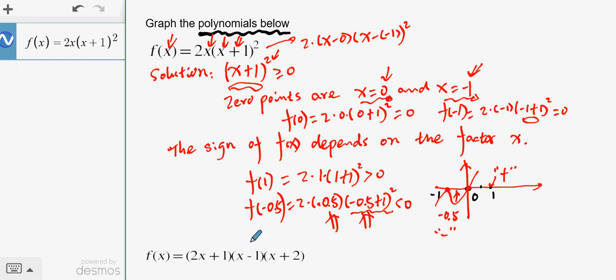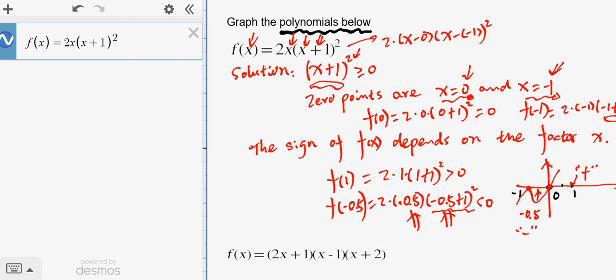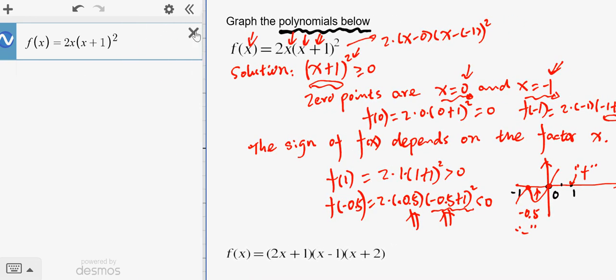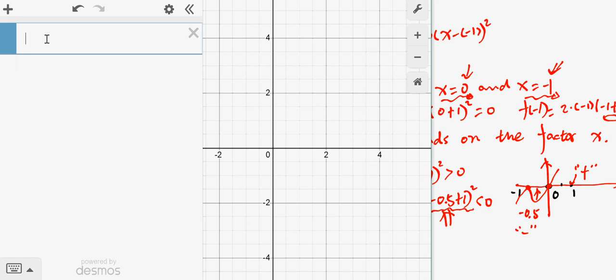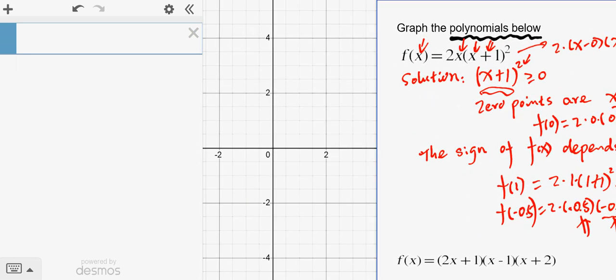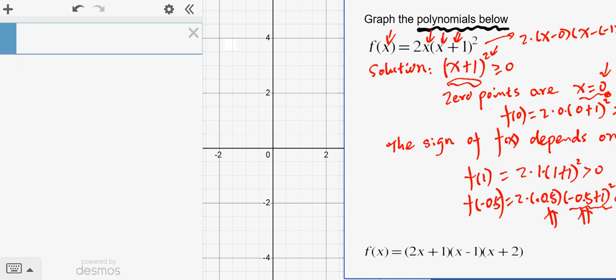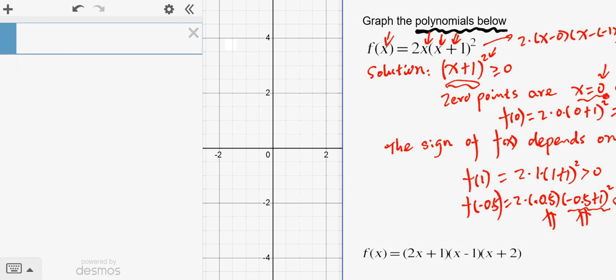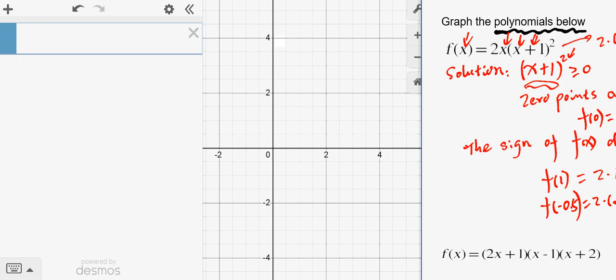How about this function? We can do the same thing. You can first open the calculator. Click. And then let's input the function into the calculator. Now, what was the function?